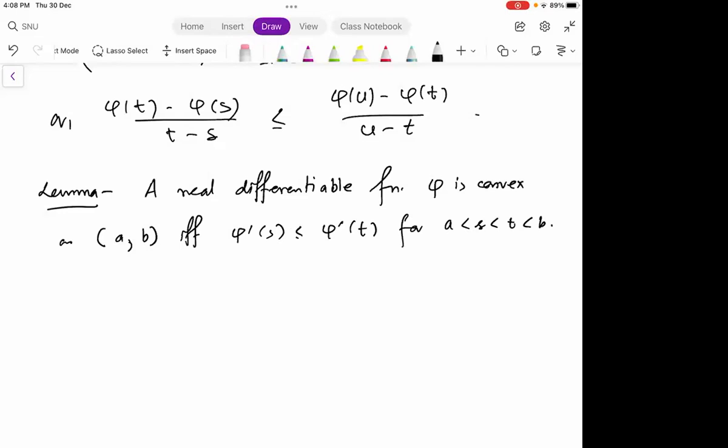So this lemma says that if your function is differentiable to begin with, then it's convex on an open interval if and only if the derivative is increasing. Once I prove this lemma, I'll simply apply it to e to the power x, right? A convex function to begin with need not be differentiable. I have given you examples. So then you won't be able to formulate in terms of derivatives.